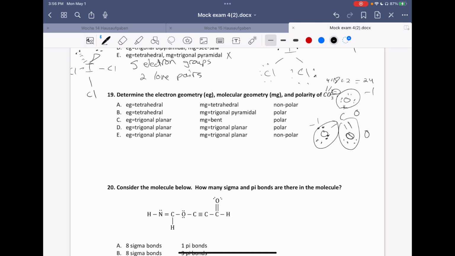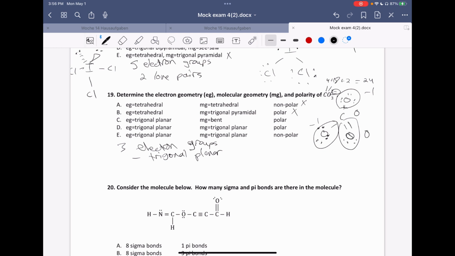All right, and then there are 3 electron groups, right? 3 oxygens bonded to this carbon. So we know that is going to be trigonal planar. All right, so we can automatically cross out A and B.